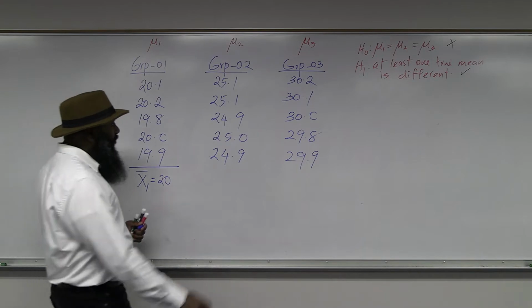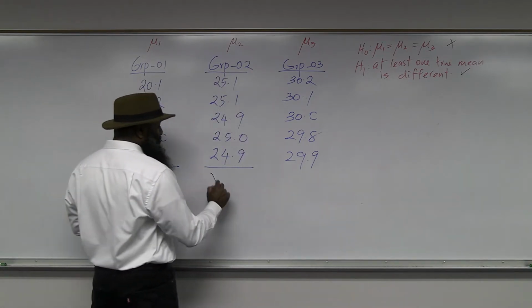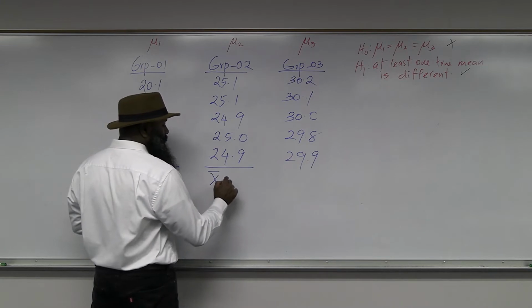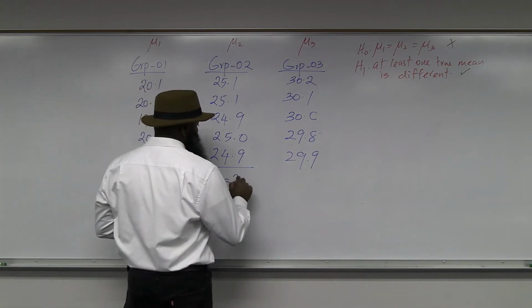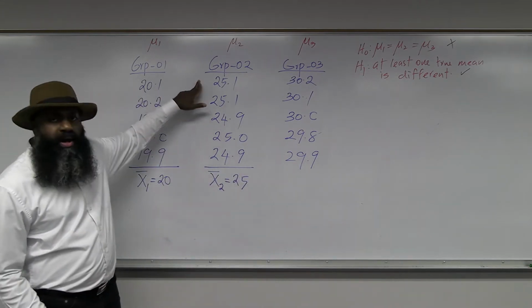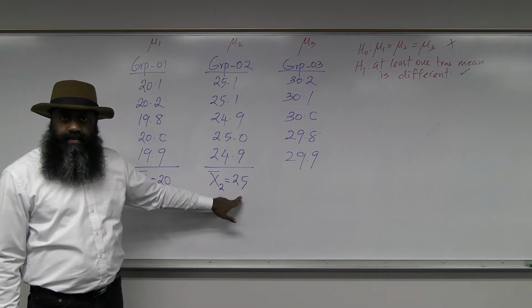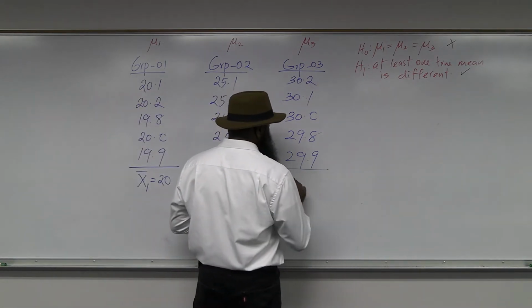And the same way, I can calculate the group mean for the second group. Let's say it's x bar 2. The group mean for the second data set is equal to 25. All the data points in the second group are very close to 25. And we can calculate the group mean for the third group.